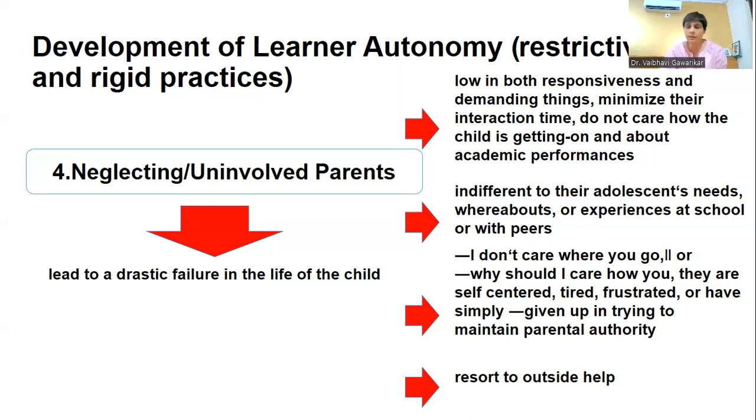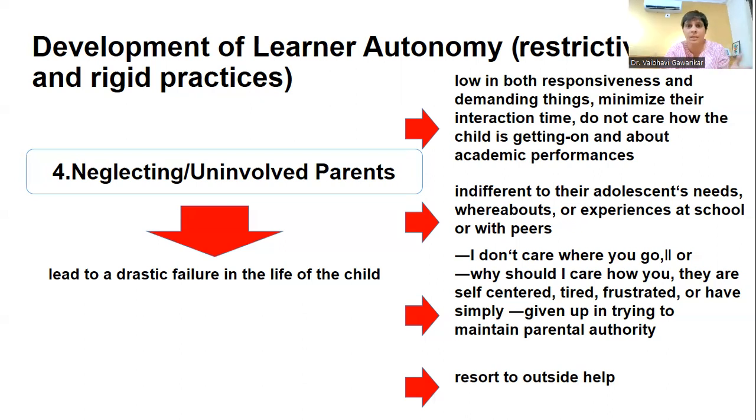Sometimes it so happens that, see, there might be many reasons. One reason is that they are careless, they are uninvolved. Second reason, that they have a lot of workload, stress, and that frustration within them. The third point is that they might have given up on the parental authority. So they might have tried hard for the children to become autonomous and responsible.